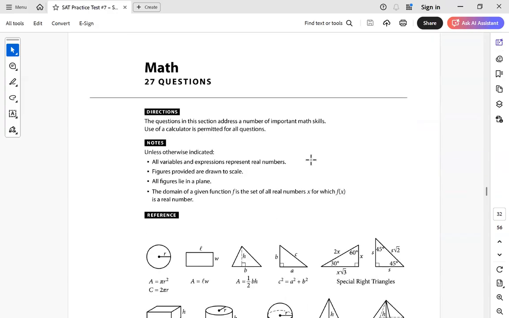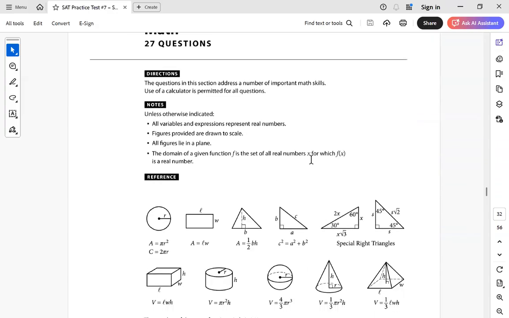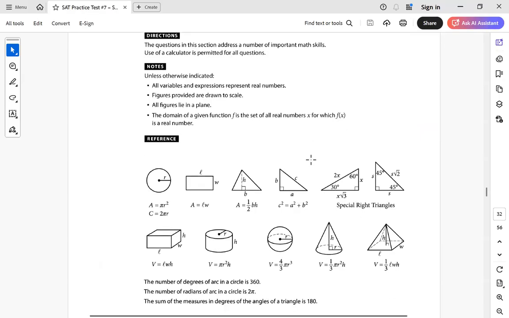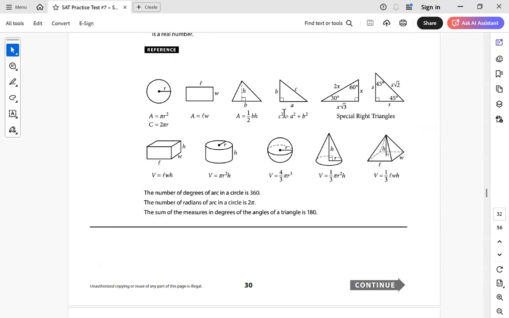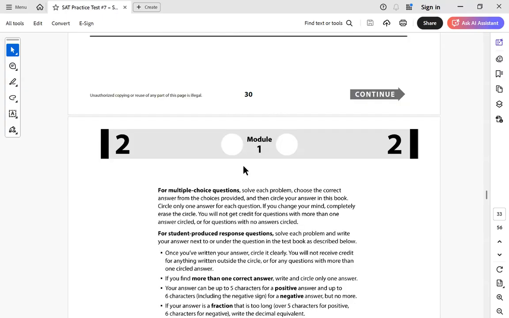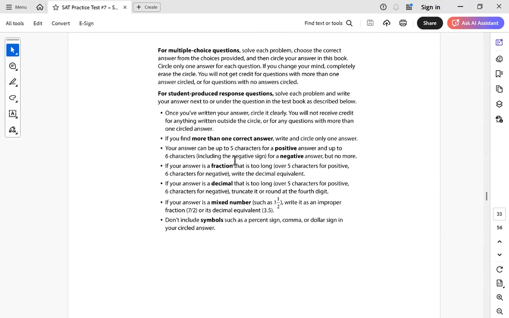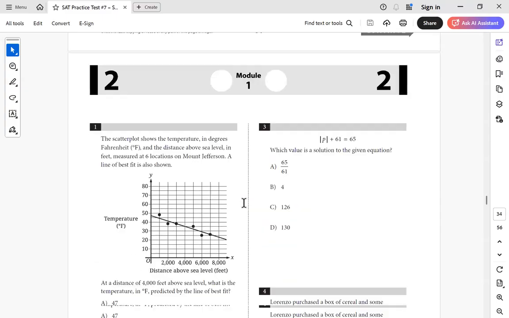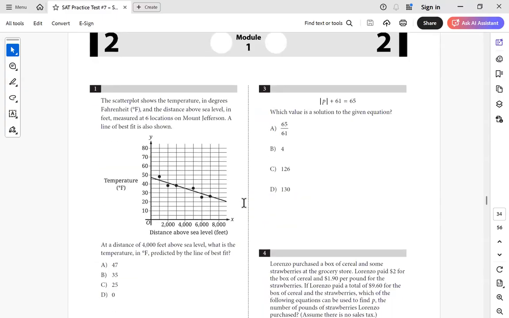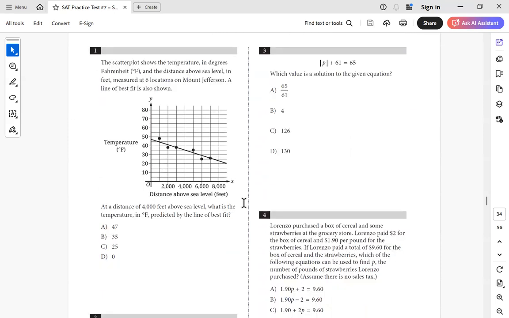So module 1 starts at page 30. The first page of the module has a formula and fact sheet. The second page of the module describes how to format the answers. And then the questions start. So let's go ahead and do these questions.